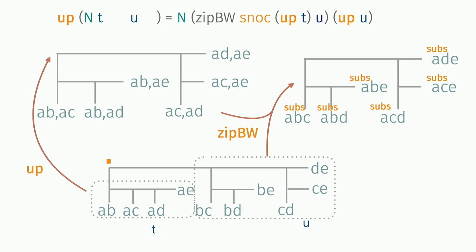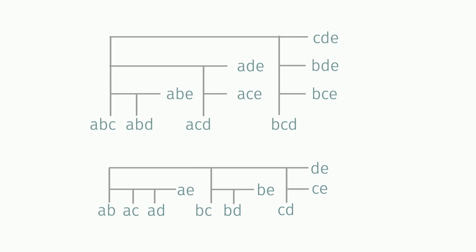And then finally back here, we do the same thing again, zipping that tree whose construction I'm omitting with that tree U, and that gives you a tree containing subsequences, immediate sequences of ABC, ABD, ABE, and so on. So that's basically how the algorithm works. And that's how you construct level 3.